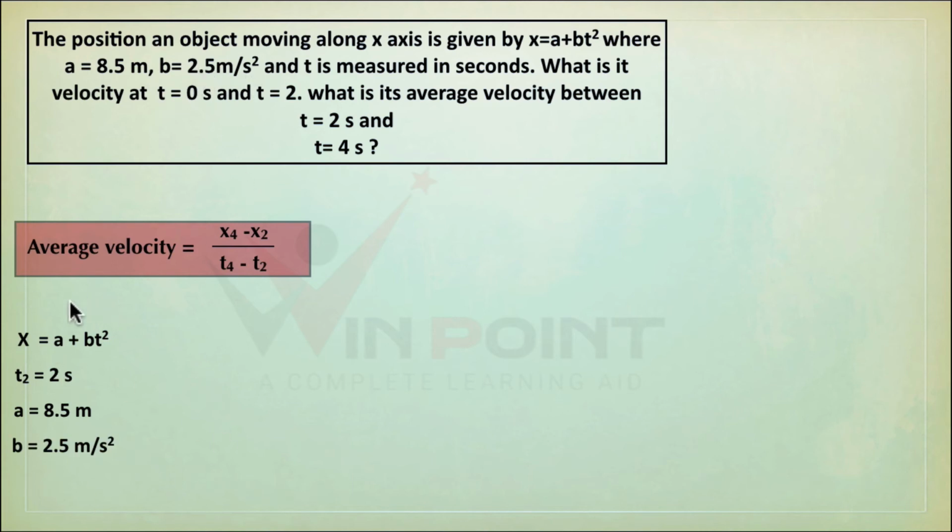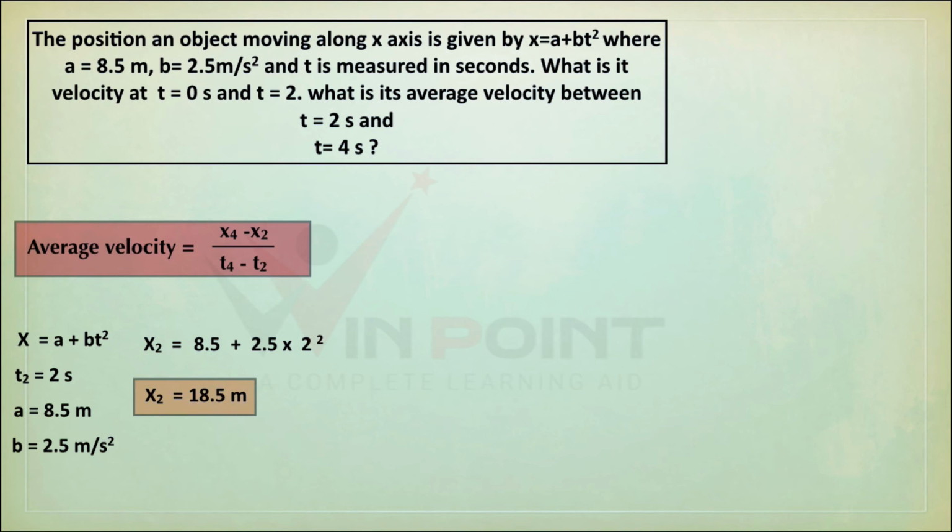We are substituting all the values in the equation. It will be x2 equal to a, 8.5, plus bt square, b is 2.5 into t square, 2 square. Then when we are solving it, we will get x2 equal to 18.5 meter.